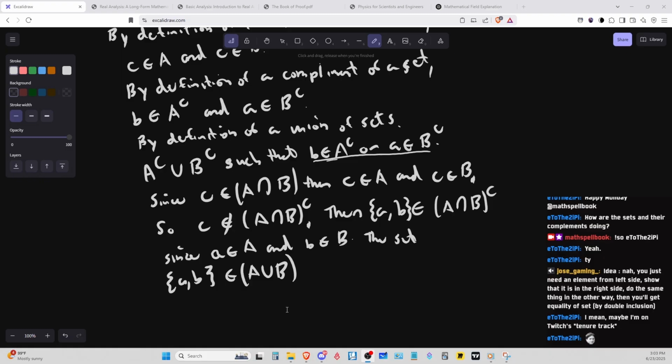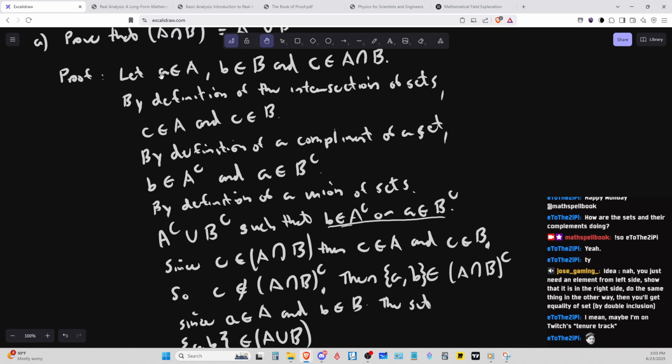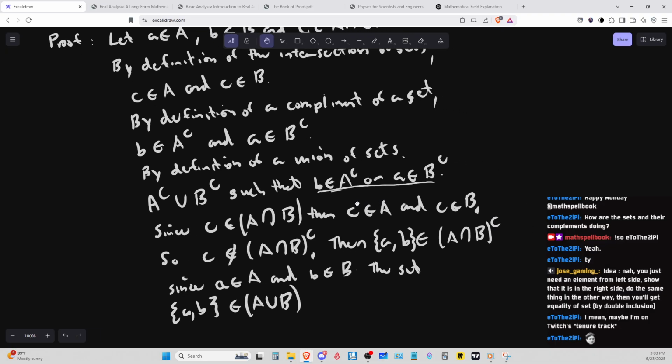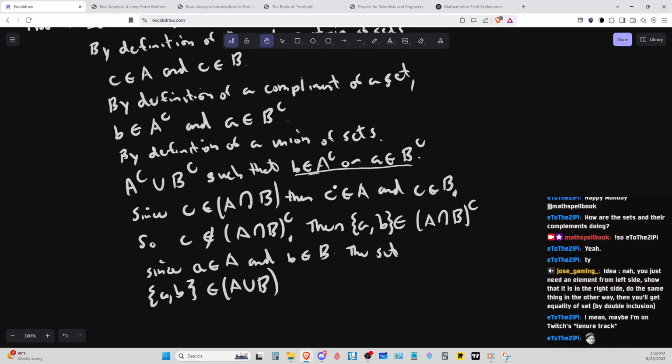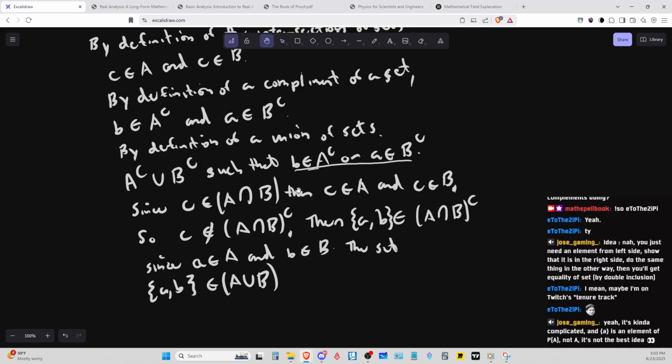So let's see, because I think the structure is, I did write by the definition of certain things, and I probably shouldn't have written those. Probably made it too wordy, but I think it was the only way to keep my thoughts organized. Okay, so since C is an element of the intersection of A and B, yeah, it's kind of complicated.